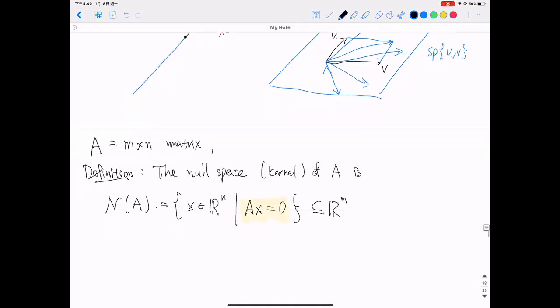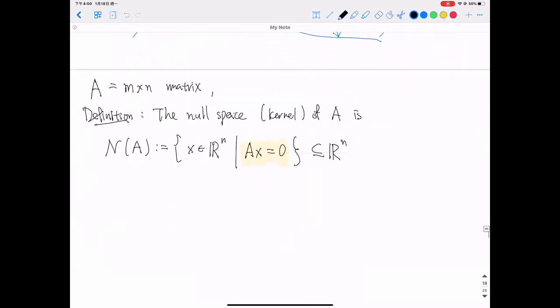Okay, so clearly it's a subset. Now the observation that we can make is that N(A), the null space or kernel, is a subspace of Rn. And the proof is also very simple.